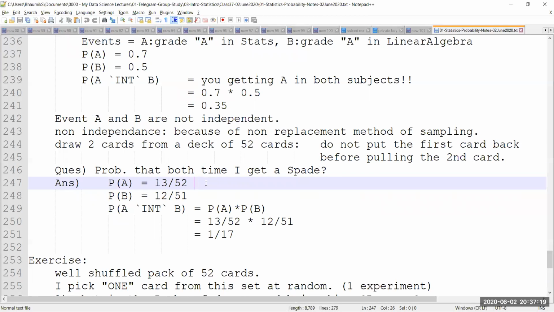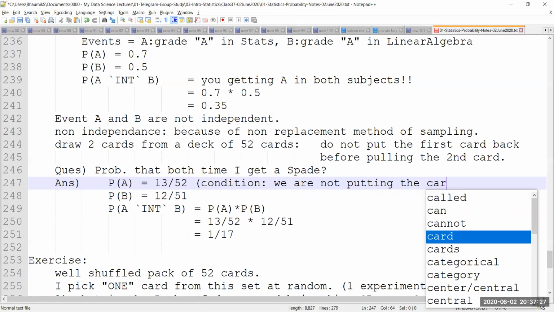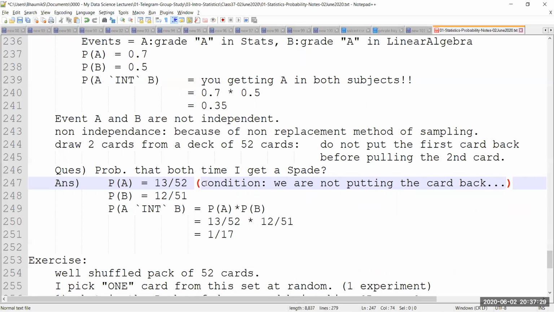The condition which is getting implied is that we are not putting the first card back. So in the second case, the sample size changes, and it also depends on whether I've properly done the experiment at the first go and that I've not put back the card.